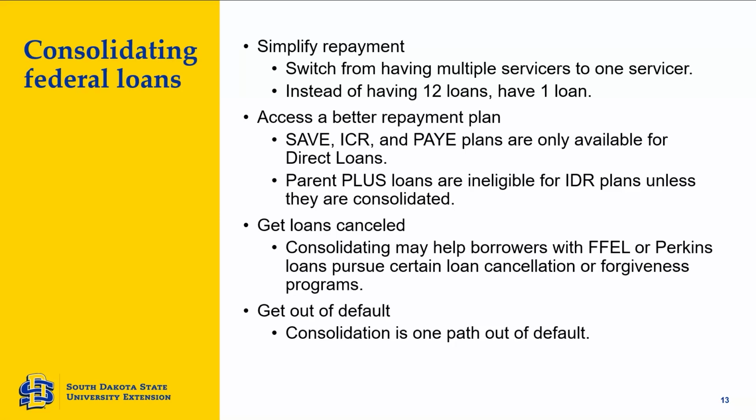You can access a better repayment plan if you've consolidated them, for those income-driven repayment plans. You have to be careful though that you've only consolidated those direct loans that you have. Parent PLUS loans are not eligible for income-driven repayment plans unless they are consolidated. But you have to be really careful with that.